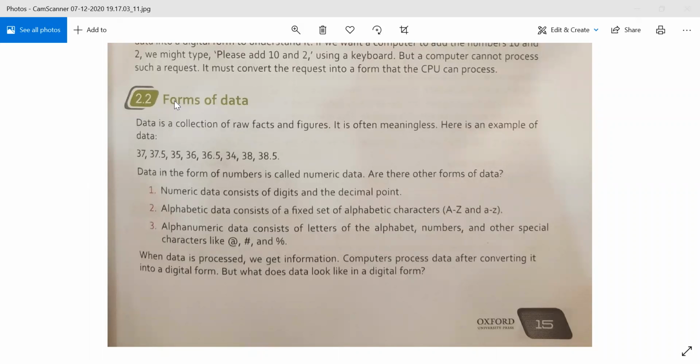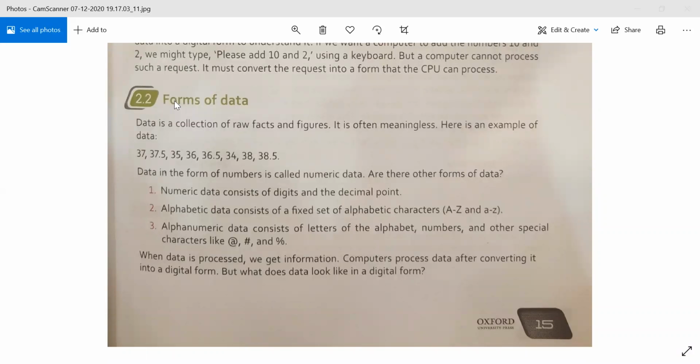Data in the form of numbers is called numeric data. Are there other forms of data? When we are talking about data, data can be a collection of raw facts and figures. Beta, data can be in any form, okay?